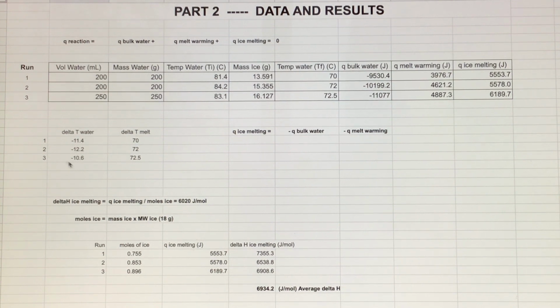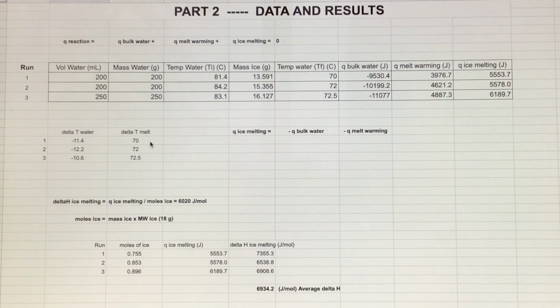The delta T of my hot water, which, as you can understand, is a negative value because my hot water was 70 degrees, 81 degrees, 84, 83 degrees to begin with, and then when I added the ice cube, which has a much lower temperature, of course the final temperature of my water should be lower, okay? So if the final temperature is lower than the initial, then the difference must be a negative value.